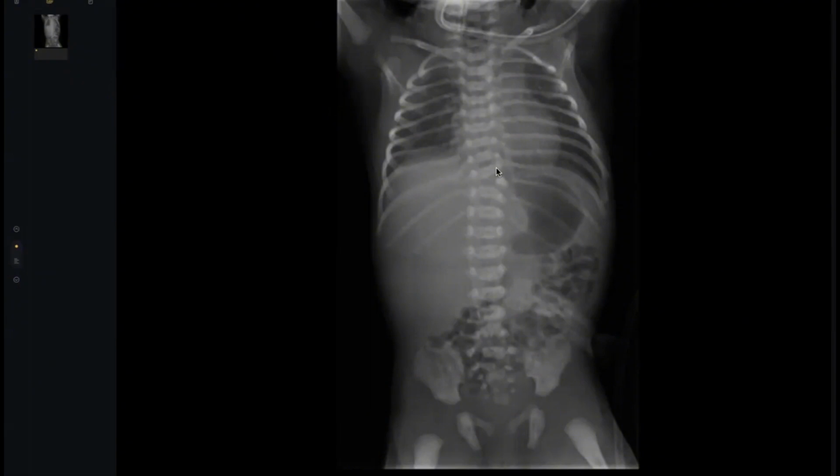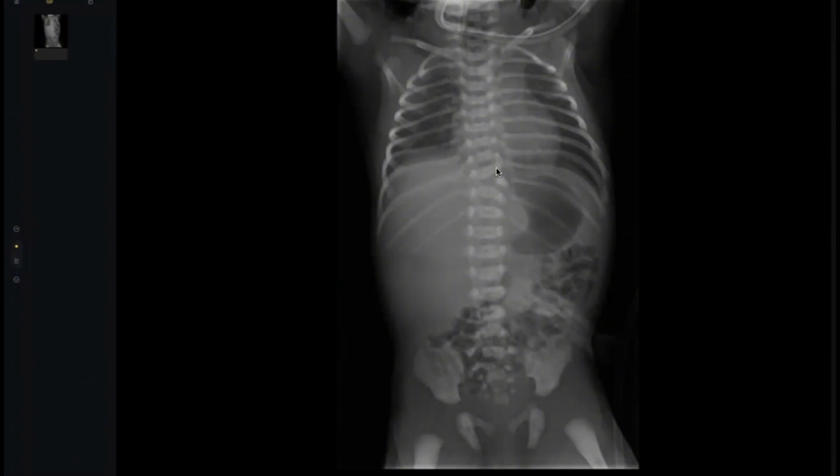I also want to have a look at the chest for any abnormality. Both lungs appear normal. Maybe there is a slightly enlarged heart size, but the baby is supine, so it's borderline for me.